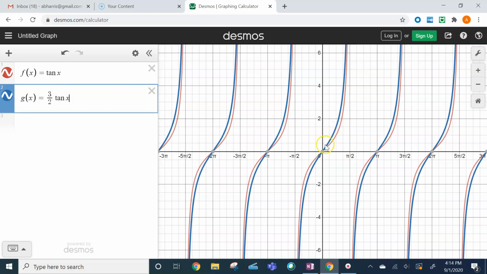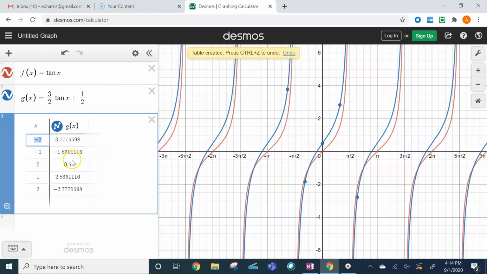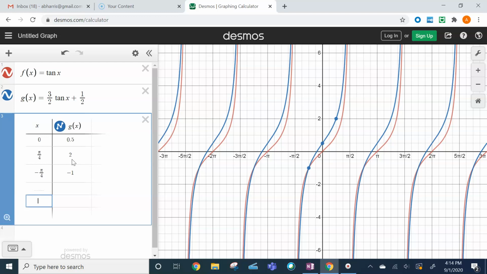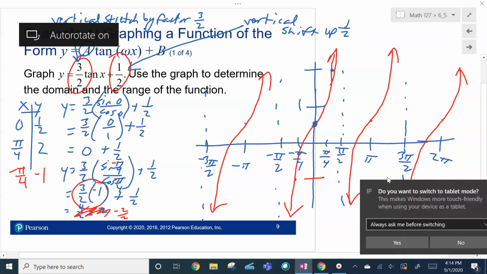Can you see how in blue, it vertically stretches it as compared to the original red tangent function? So the blue is vertically stretched, and then this thing is bumped up a half. So it takes that original 0, 0, bumps it up there to 0 comma a half. All right, and you could, if you want to, get some points from there: 0, pi fourths, negative pi fourths, and so on. You kind of get some points there to graph on that blue line there. Okay, so that's the transformation set.